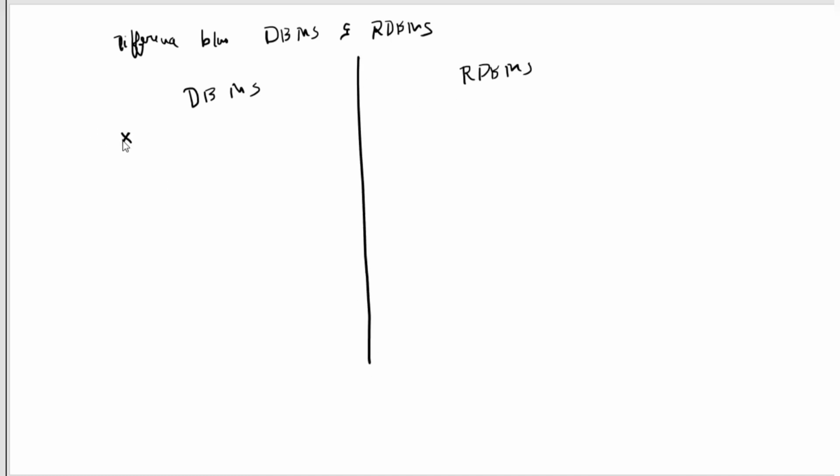In DBMS, data is stored in file format. In RDBMS, data is stored in table format.